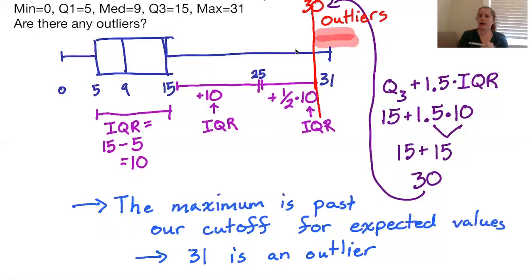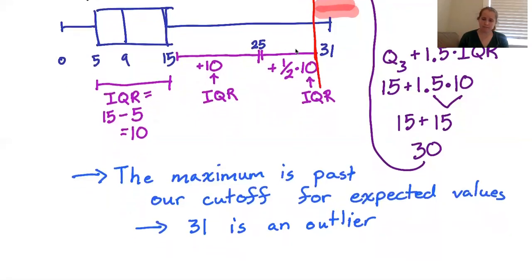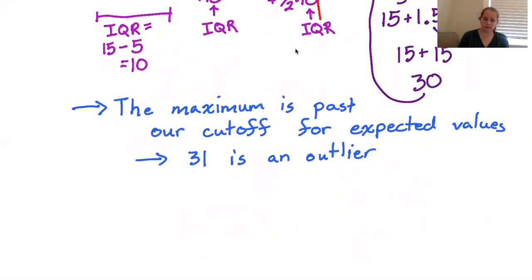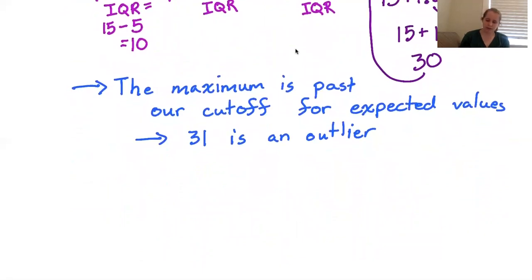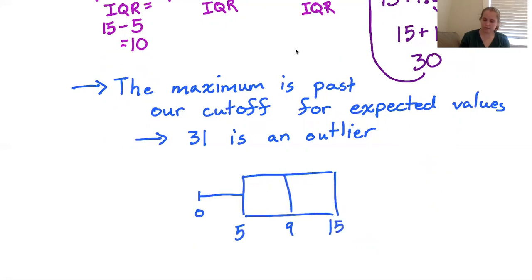If we were checking for outliers on the left, just quickly, here's our 0, 5, 9, 15. Again, our IQR of 10.